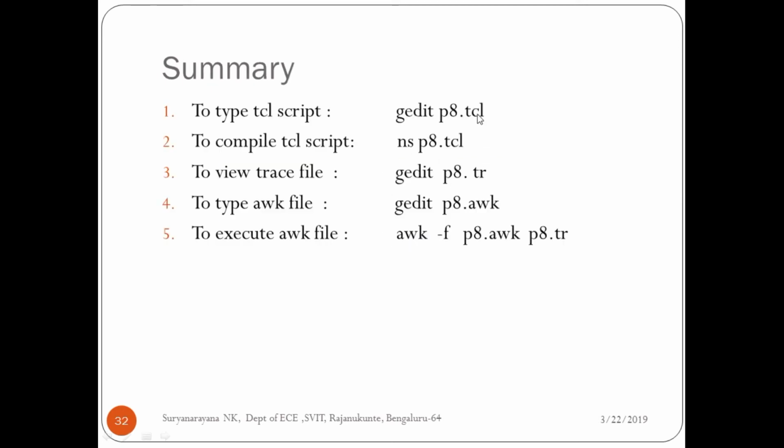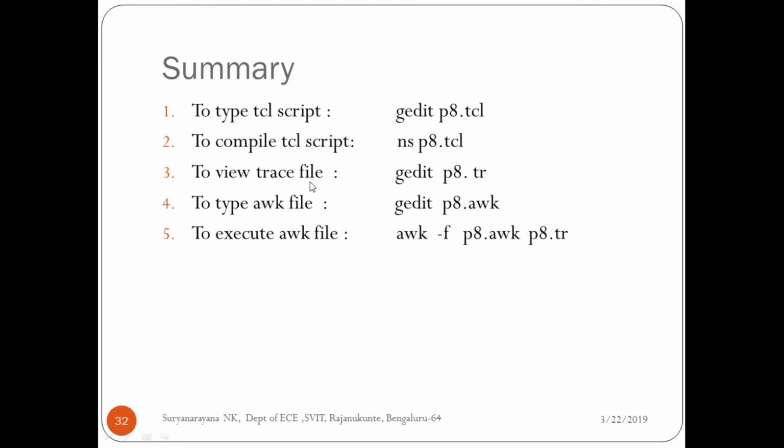The summary of the commands used in executing a TCL script is as shown. To type the TCL script, you need to open terminal and type gedit p8.tcl. To run the TCL script, you need to type ns p8.tcl.